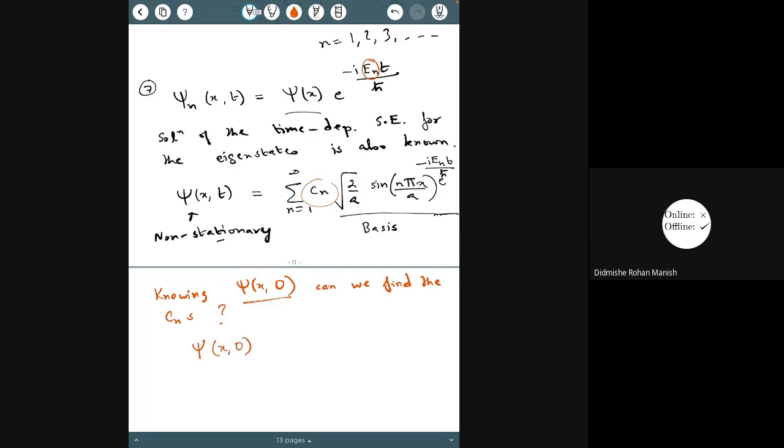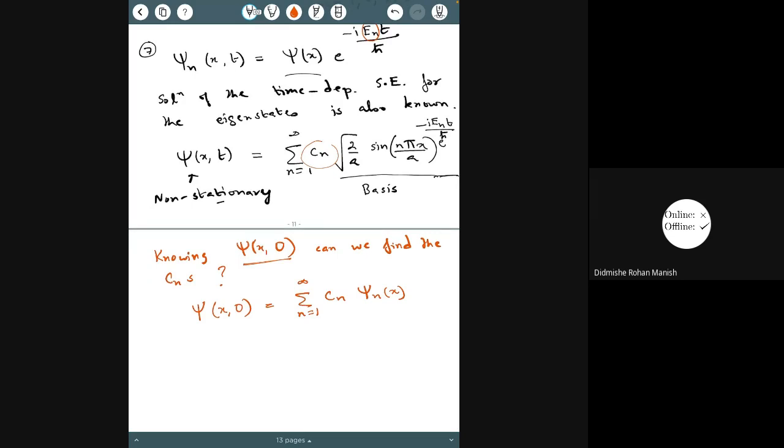So psi(x, 0) can again be written as a linear combination of the eigenstates. So this is at t equal to 0, so I don't need the phase factor here in the basis.